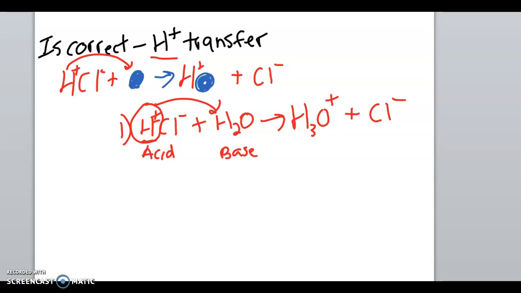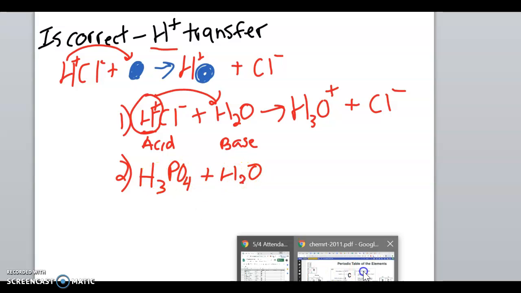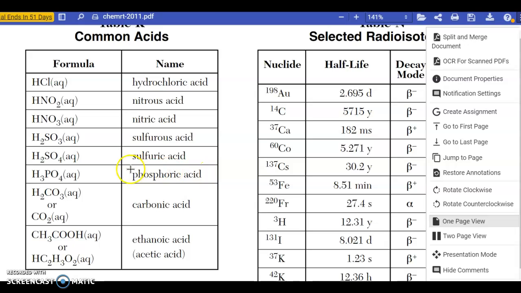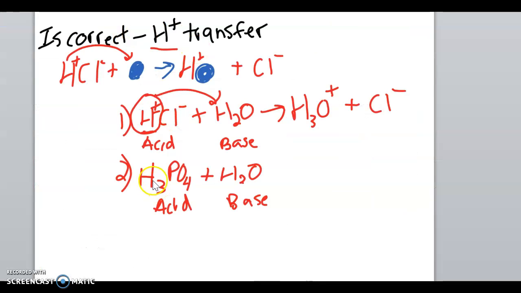Let's try another example. Okay, so I have a new acid and water again. And if we look at our reference table, you will see that phosphoric acid, H3PO4, is listed right under table K. So H3PO4, phosphoric acid, is our acid, which again forces water to be the base.